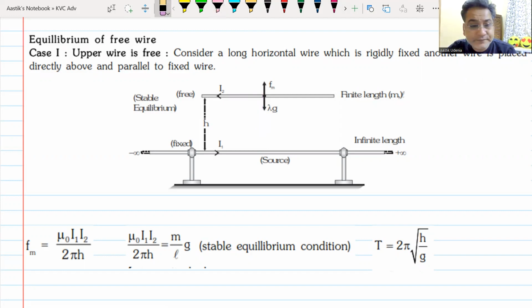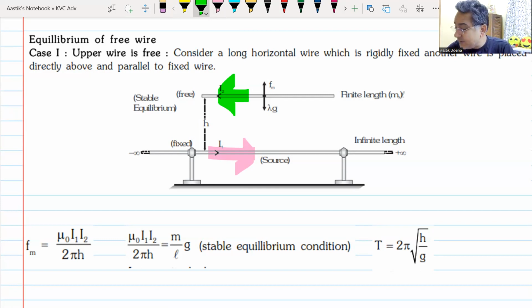Yes or no? Yes, sir. Now, if you have current in the opposite direction in the two wires, the wires will repel each other, and there could be a case where the wire is in equilibrium. Yes or no? Yes, sir.